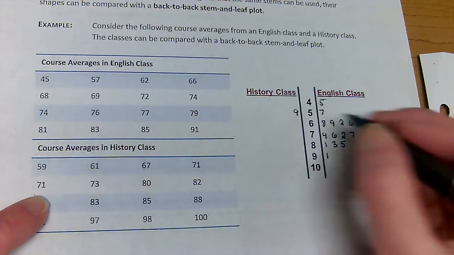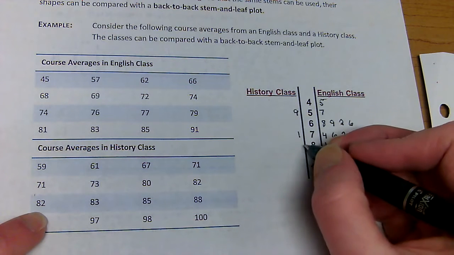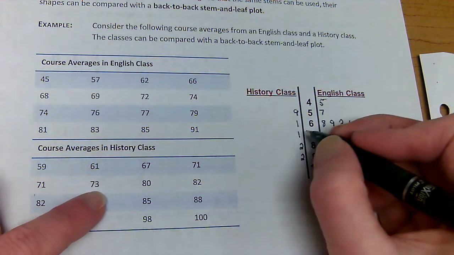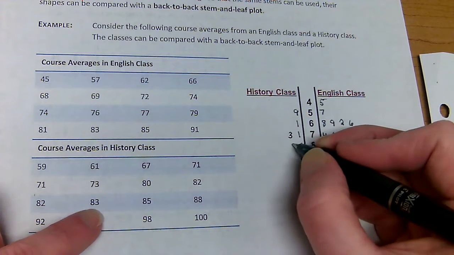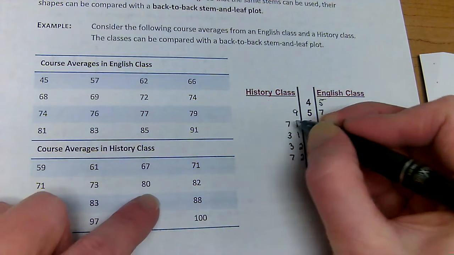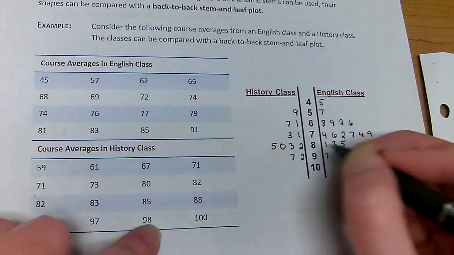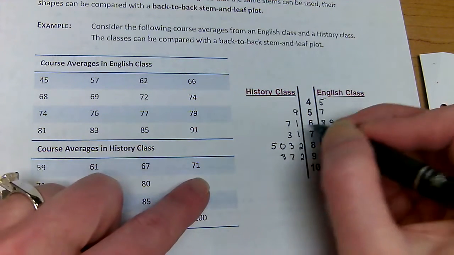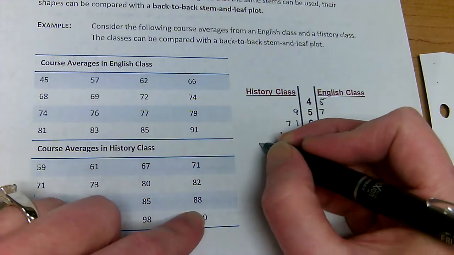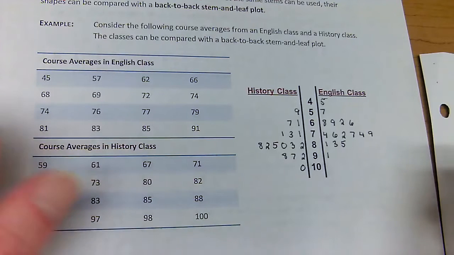So notice I'm putting the leaf over on this left side. 71, 82, 92, 61, 73, 83, 97, 67, 80, 85, 98, 71, 82, 88, and 100 would be 10 with a leaf of 0.